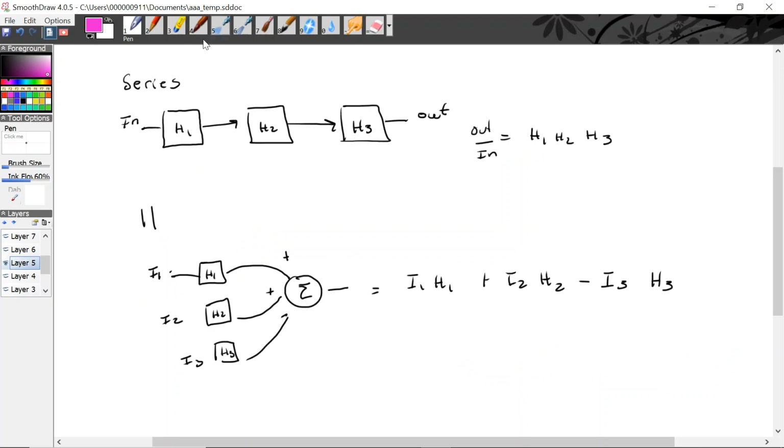Now then, for signal flow diagrams, we have series. And we have H1 goes into H2, goes into H3, and that's easy to find the transfer function. It's just H1 times H2 times H3. Op-amp-wise, that's just, I'll do minus, plus.